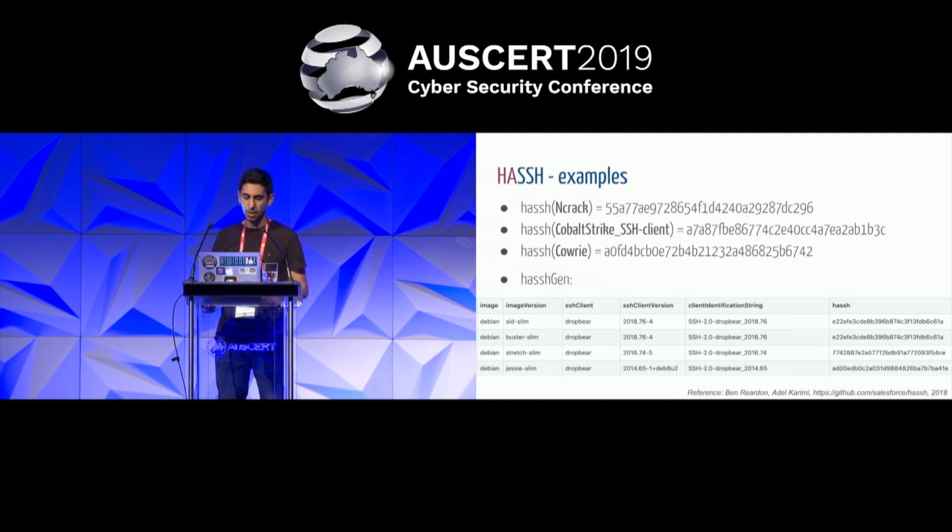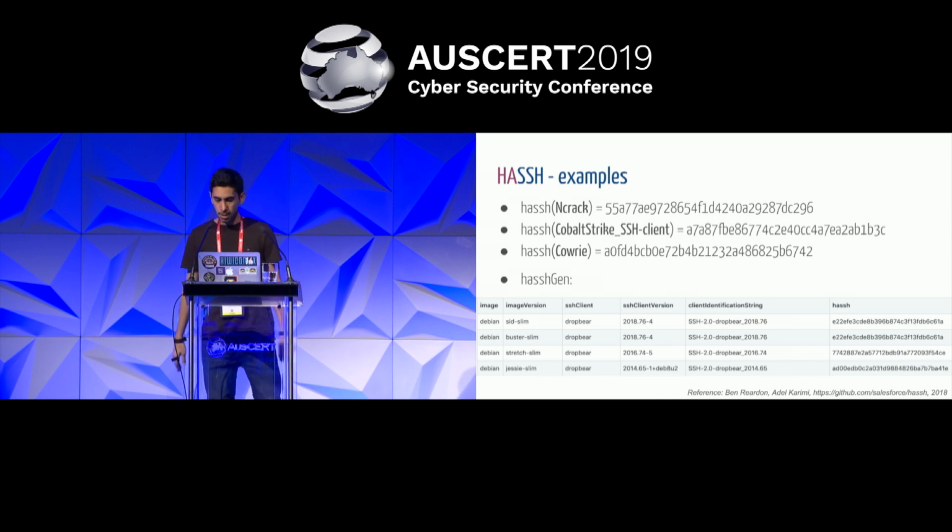But if you have a look at the hash, it actually uses a static list of encryption algorithms, compression, and kex, all that stuff. And that results in a unique hash. If you start searching this in Censys or Shodan, you can find many SSH honeypots out there, and it's kind of interesting.